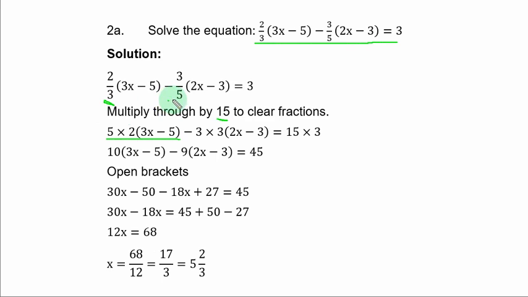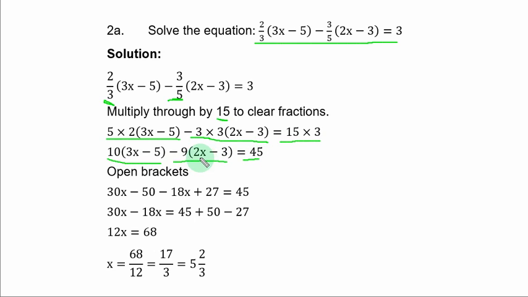You multiply this term by 15. If you divide 15 by 5, you have 3 remaining, then times 3 (2s minus 3). You multiply the right hand side by 15. So here you have 10 first into the bracket, minus 9 into the bracket, and 45.